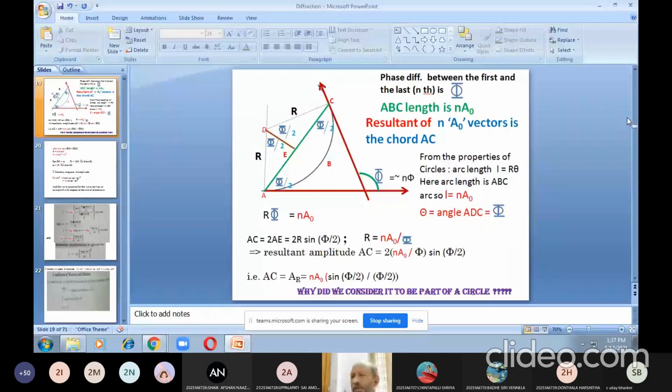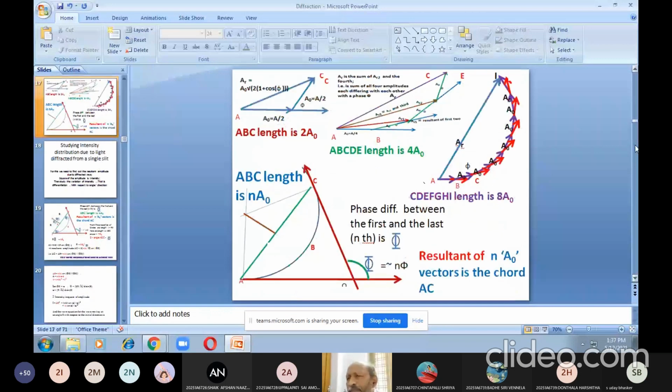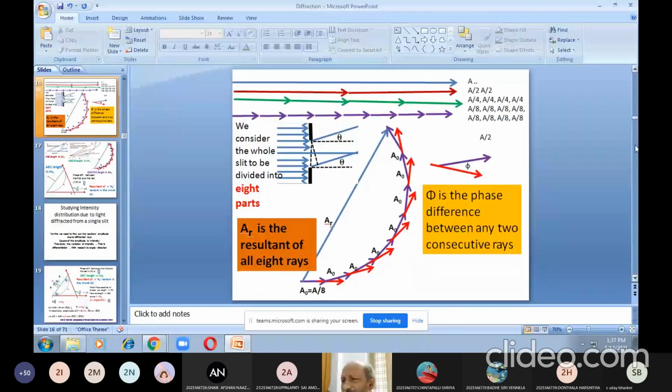Now, in this case, we are considering n number of waves coming out from the single slit of slit width d. When we consider the rays that are going at an angle theta after diffraction, then the path difference between the first ray and the last ray is d sine theta.